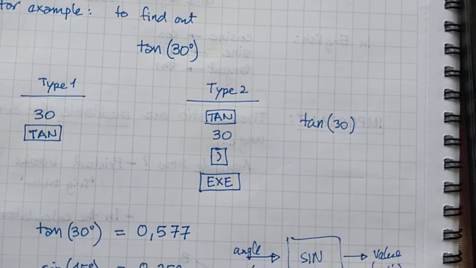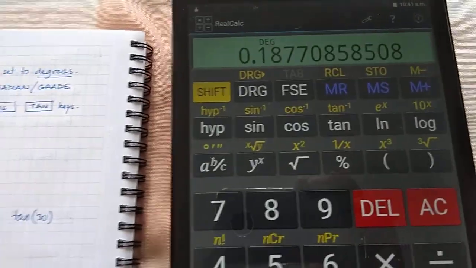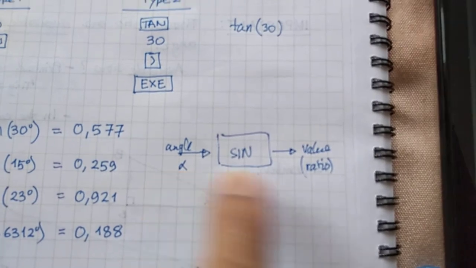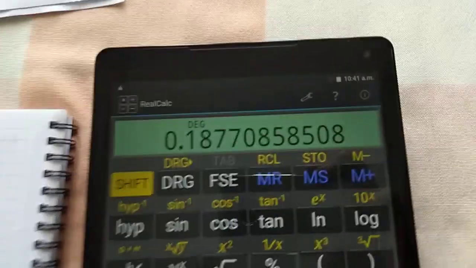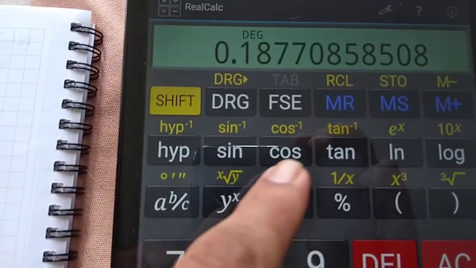These are all, in a way, functions. You enter a value, sine is the name of the function, you enter an angle and you get a value out. This is what the calculator does. For every value you enter, you can use one of these three functions.